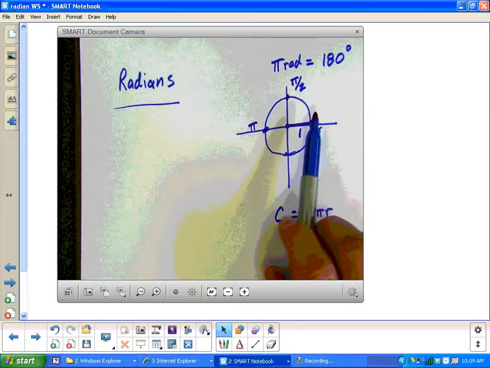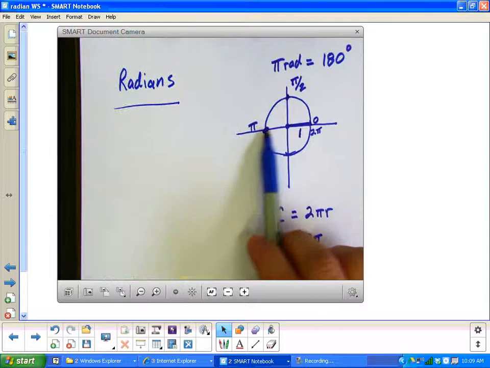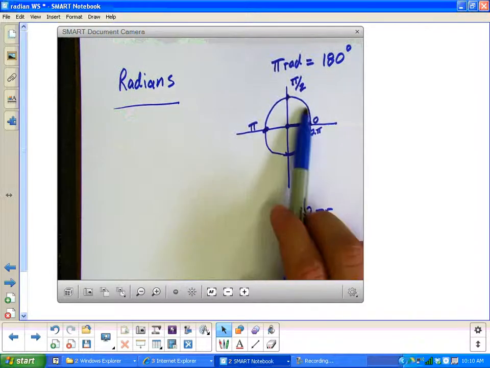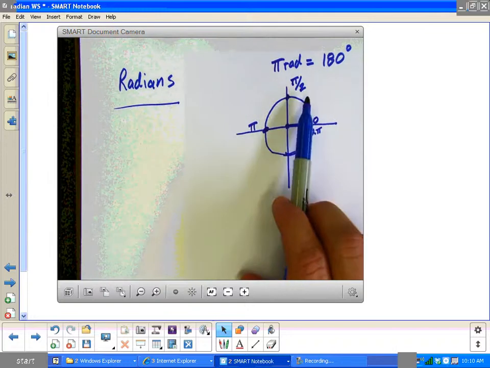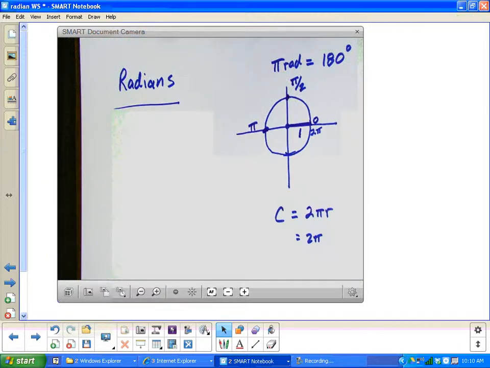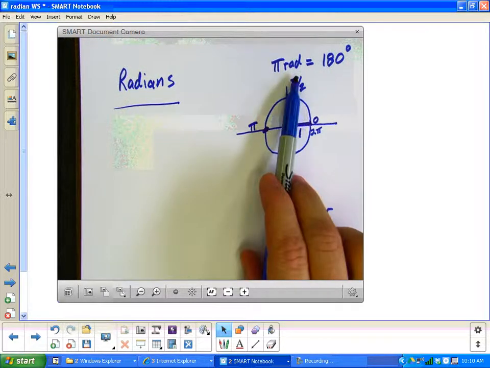Halfway around is pi, so halfway to pi would just be pi over 2. Like if I said a distance was 6 miles, you would tell me half that distance would be 3 miles, because it would be 6 divided by 2. So halfway to pi would just be pi over 2.